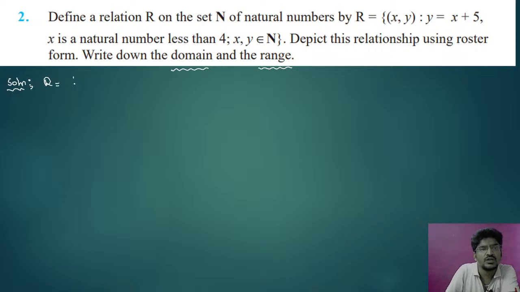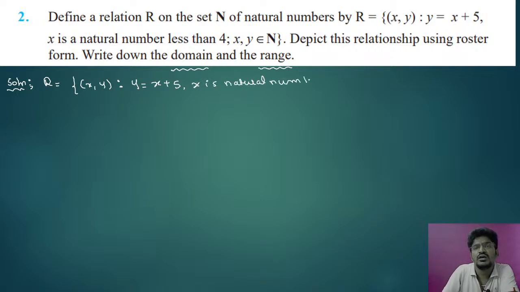R is equal to the ordered pair x comma y such that y is equal to x plus 5, where x is a natural number less than 4, that is, x comma y belongs to N.